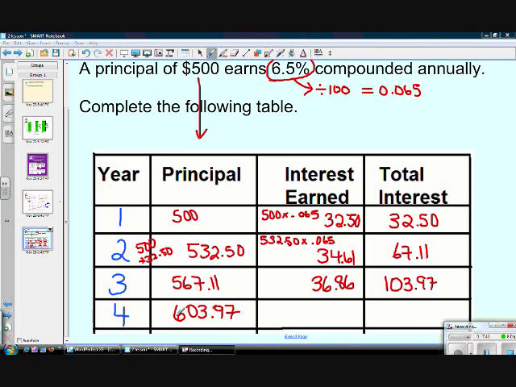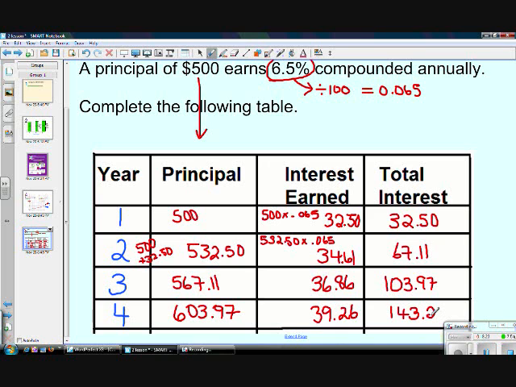Next, we're going to take 6.5% of this number. Let's see what we end up with. 603.97 times 0.065 equals $39.26. And this time when I add that for the total interest, you'll see that really I didn't have to work for $143.23.